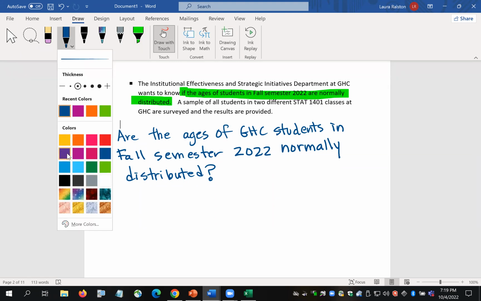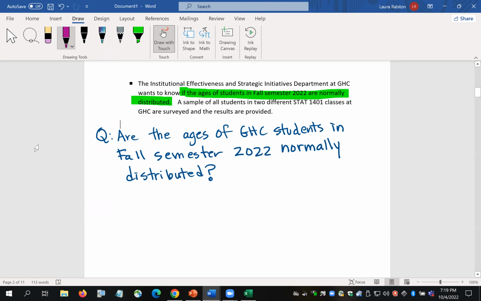The first piece that you have to do is state the two hypotheses. That was step one in the hypothesis testing process.